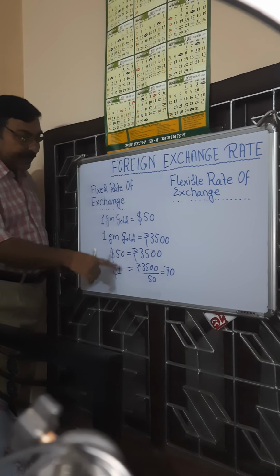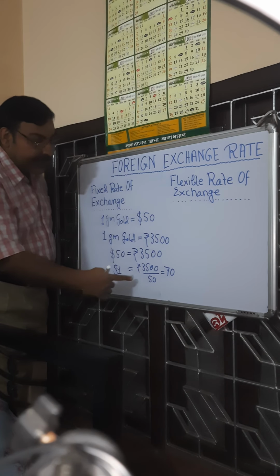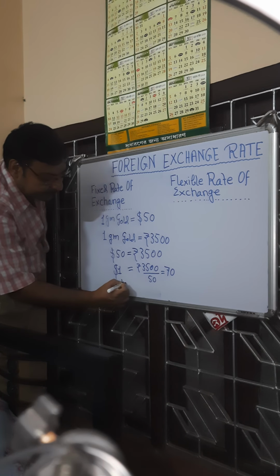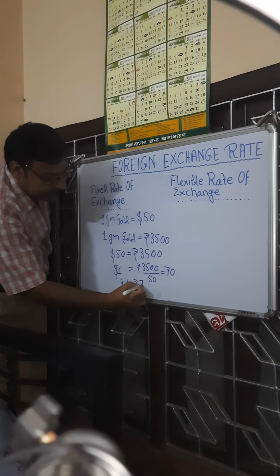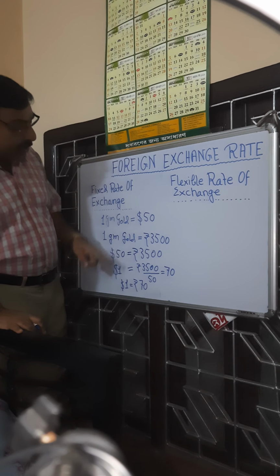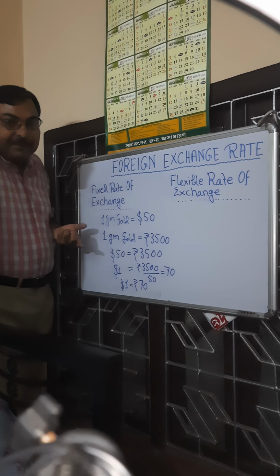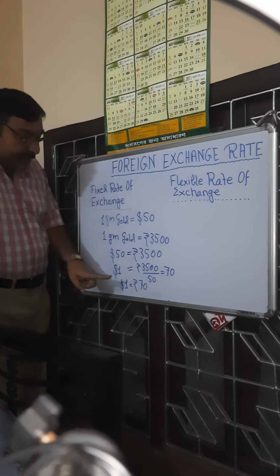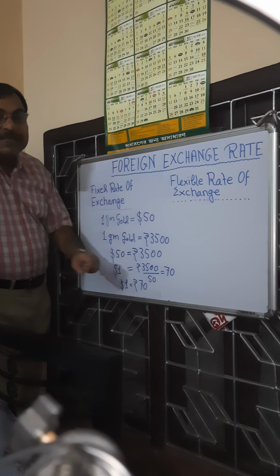So we are getting, on the basis of gold standard, $1 is equal to rupees 70. So we are getting an exchange rate on the basis of gold standard, and this is fixed exchange rate system. In our example, against $1, we have to sacrifice rupees 70.